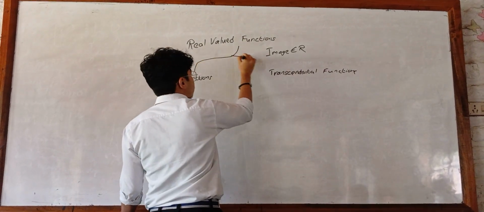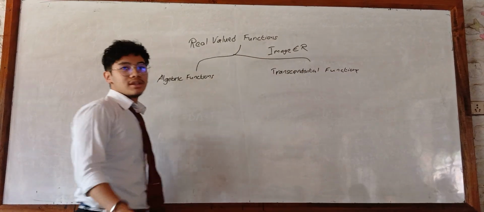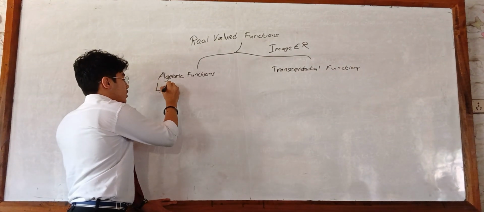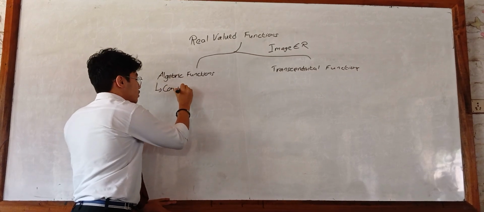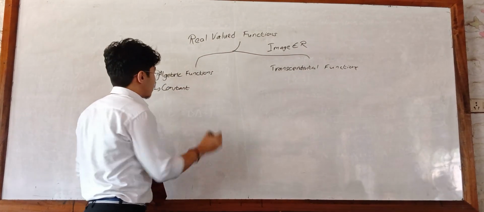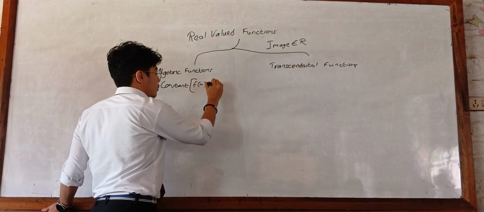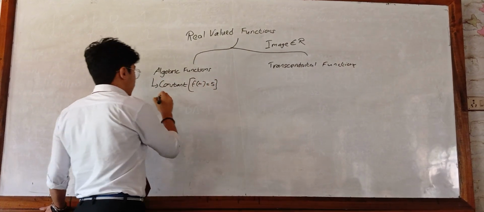About algebraic functions, the group before us has explained a lot, but just for a brief explanation, it is further classified into constant functions, where f(x) gives a constant value, for example 5.